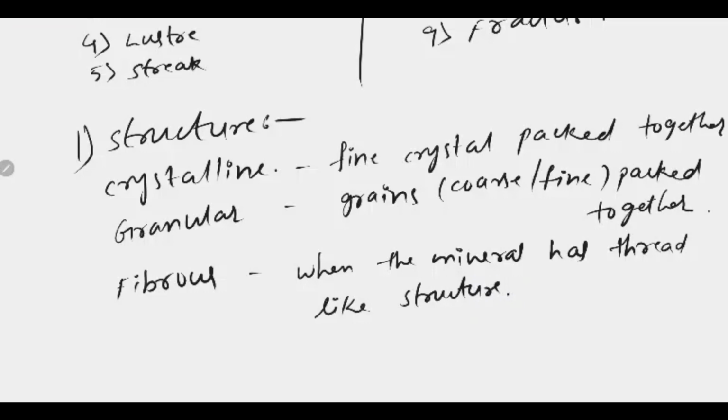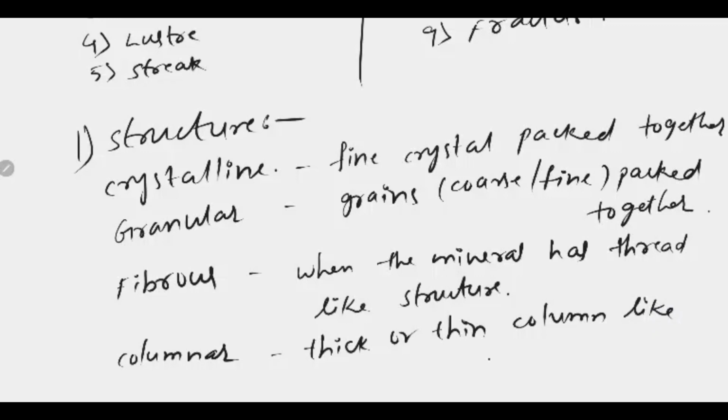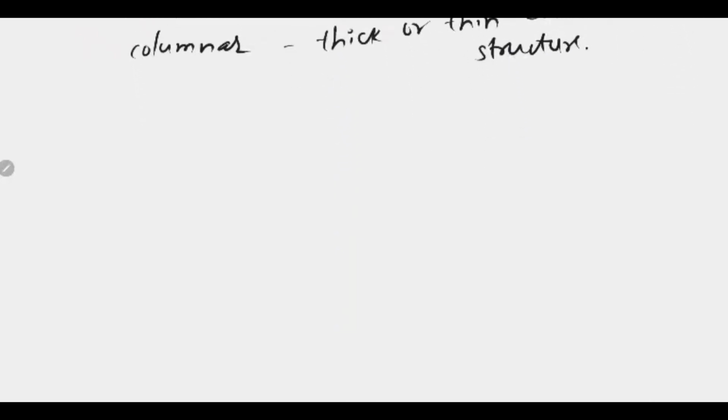Next, columnar. Columnar means when the mineral has a thick or thin column-like structure. Next one, massive.